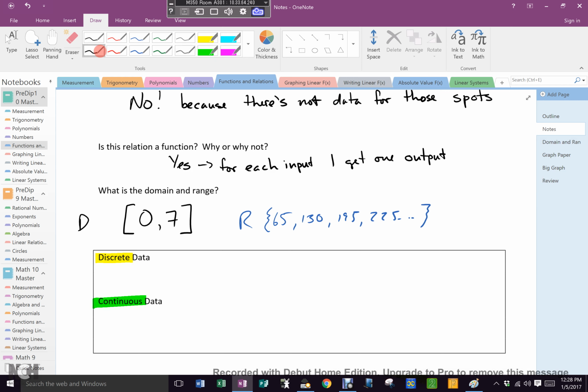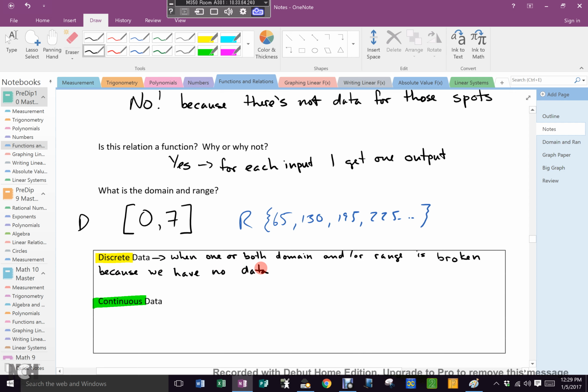Discrete data is when one or both of domain and or range is broken, because we know data.